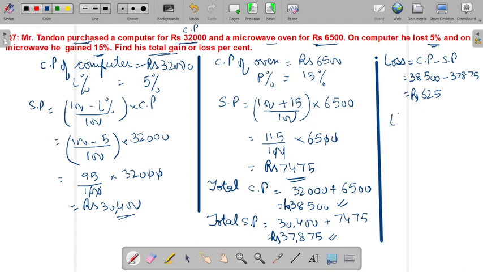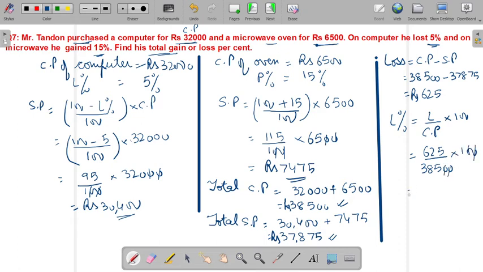Now we will find out the loss percent. So loss percent is loss upon CP multiply 100. So 625 upon CP. So CP will be the total cost price, so this is 38500 multiply 100. Now cancel it.